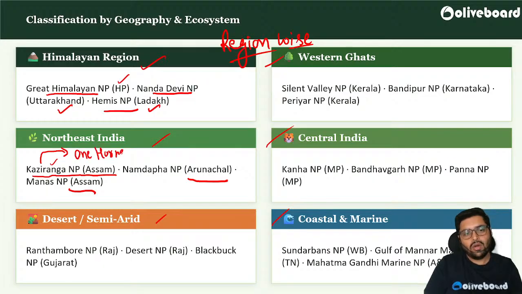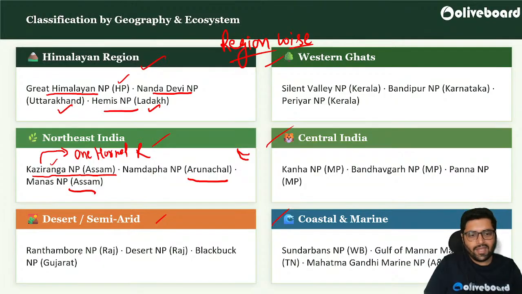One horned rhinoceros. Correct? They just have one horn. Northeast India, we have Kaziranga, Namdapha, Manas. Many of them are there. Just for your illustration, I have brought in classes, we take all of them.